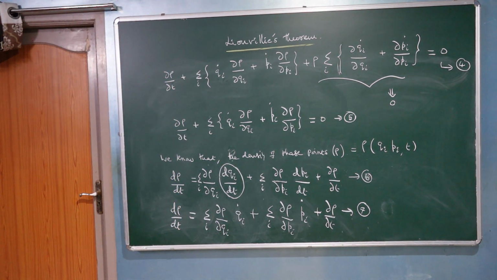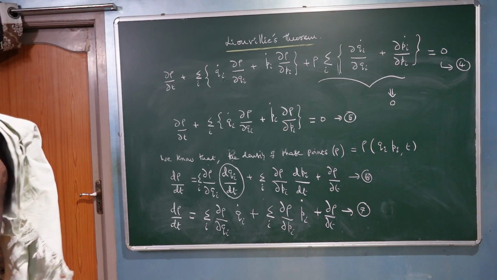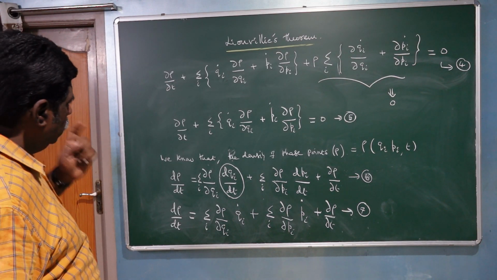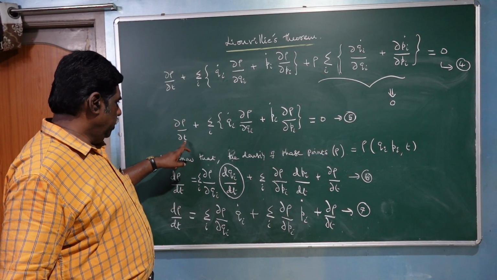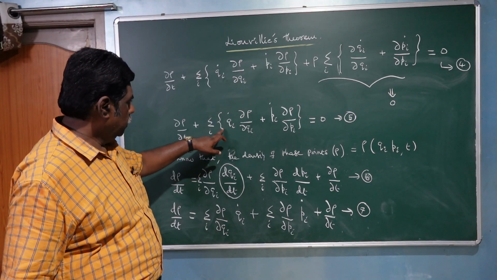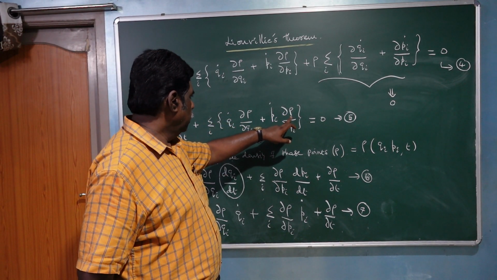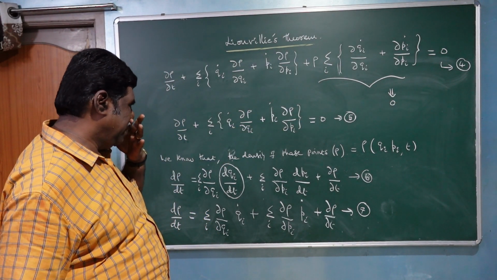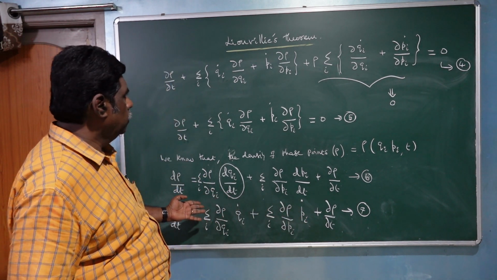Now compare equations 5 and 7. We can get d rho by dt equal to 0 automatically, because the value of dou rho by dou t plus qi dot dou rho by dou qi plus pi dot dou rho by dou pi is equal to 0. Here this value is 0.